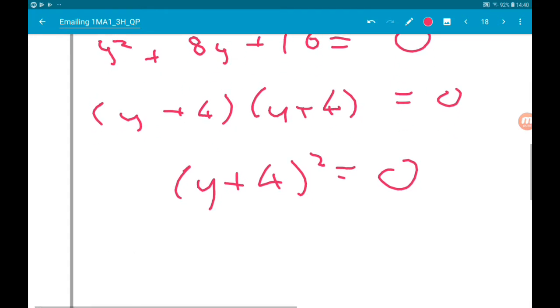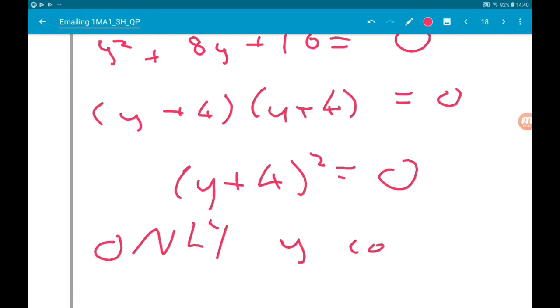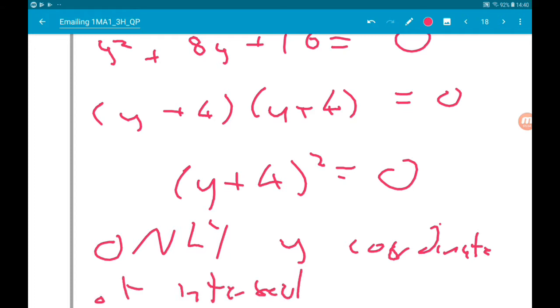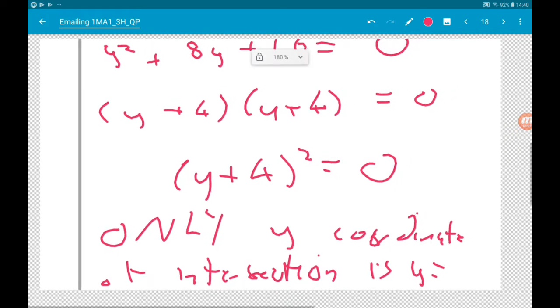From that, we can say the only y coordinate of intersection is y equals minus 4.